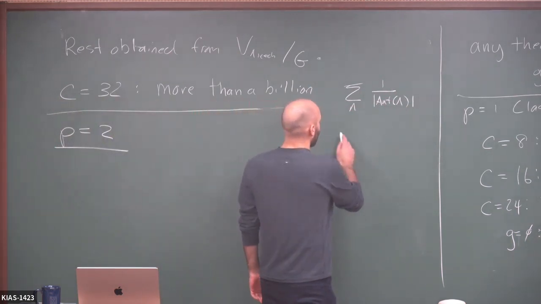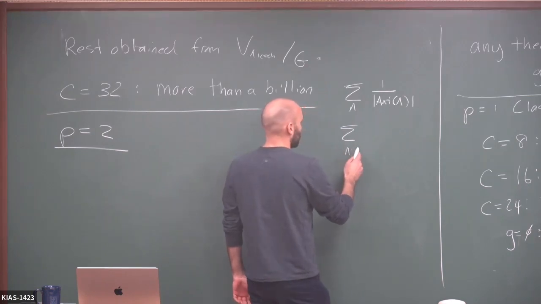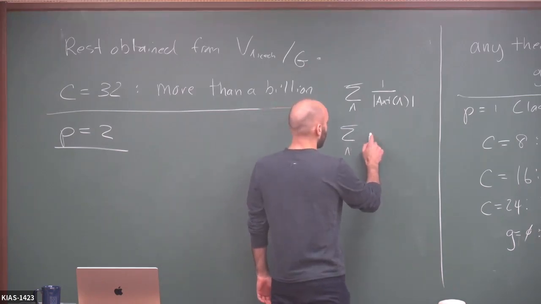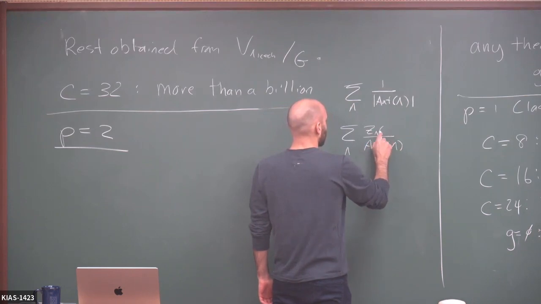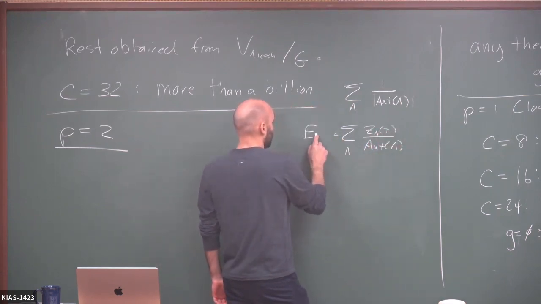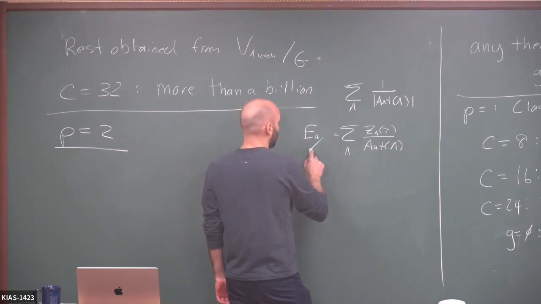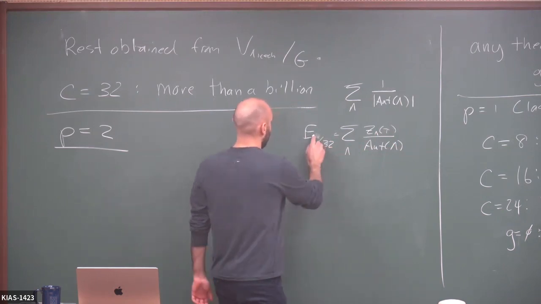Actually, the average partition function is... I'm risking writing something incorrect, but it's like E4 over eta to the 30. Oh, sorry, no. Need 16 here.